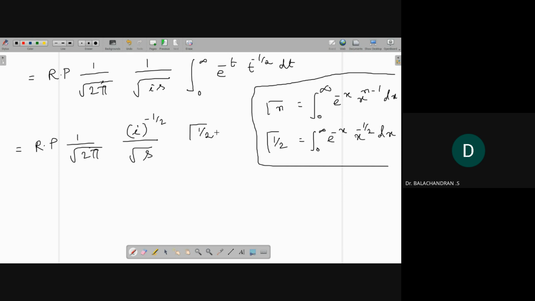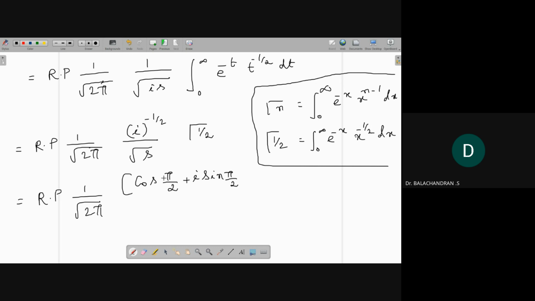We know that gamma of half is root pi. So real part of 1 by root 2 pi, and in the numerator you have i. So i you can write as cos pi by 2 plus i sin pi by 2.